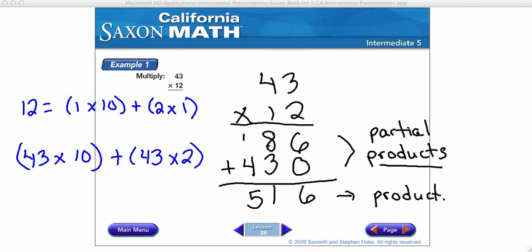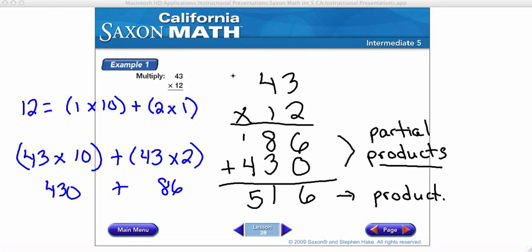So this is where my partial products come from. Here I did 2 times 43 and got a partial product of 86. And then I multiplied 10 times 43 and got this partial product down here of 430. And I added them together to get 516. So this is where we use the distributive property and expanded form.